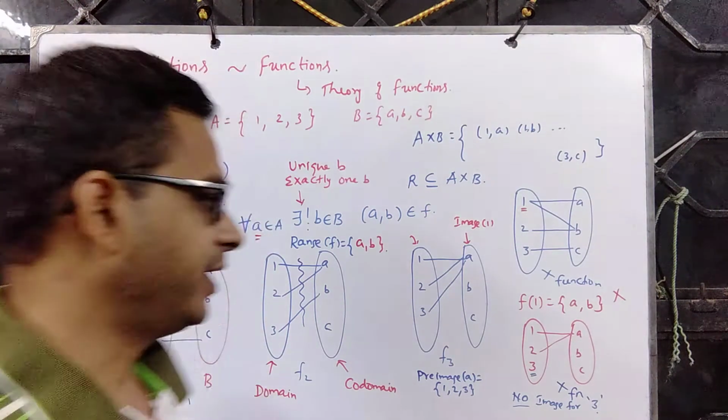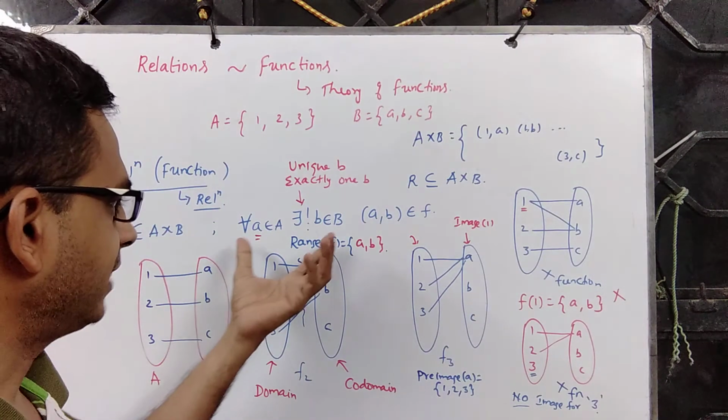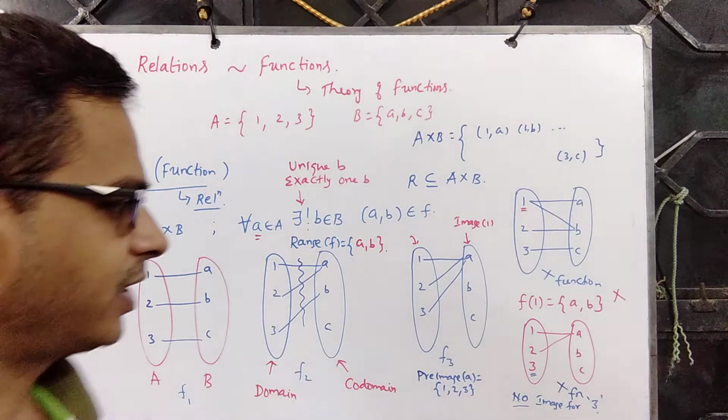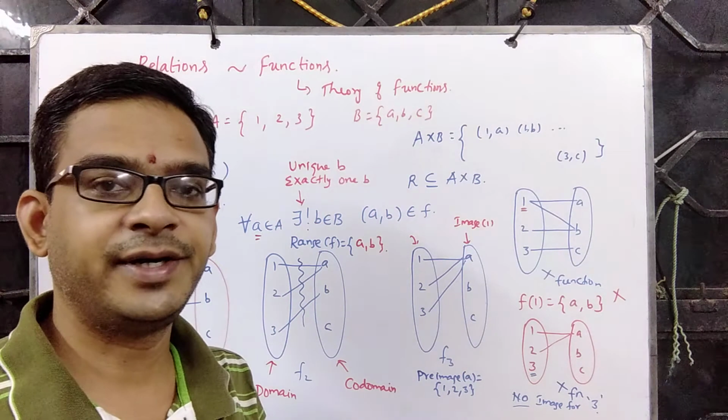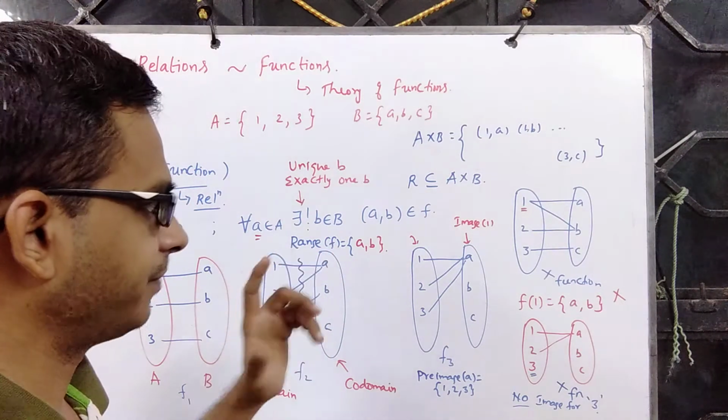So now what we have seen is an example of a relation respecting some property, something like reflexivity, symmetricity and so on. This is also a property, it's also a relation.